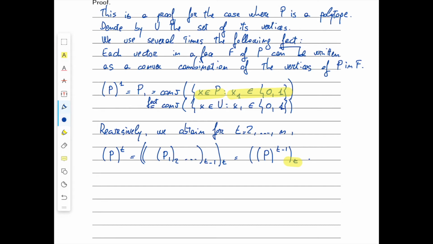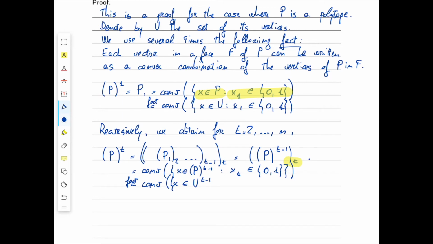So this is the convex hull of all the points in P superscript t minus 1 such that xt is in {0, 1}. So again, we can use our fact, for the same reason as before, as this is the convex hull of all the vectors x in V^(t-1).